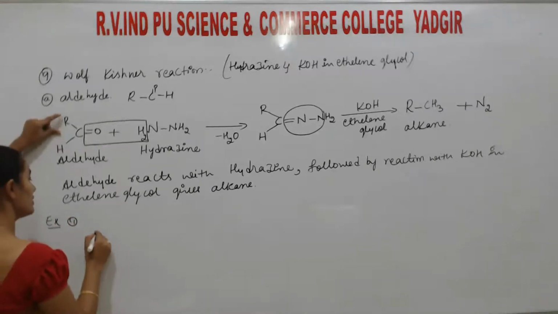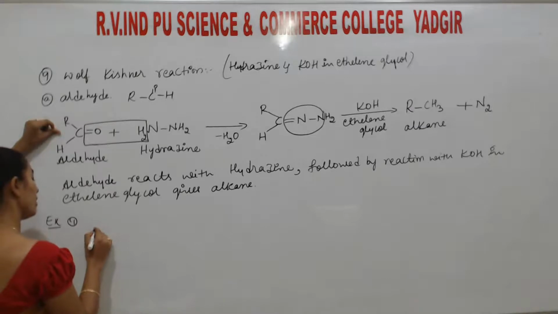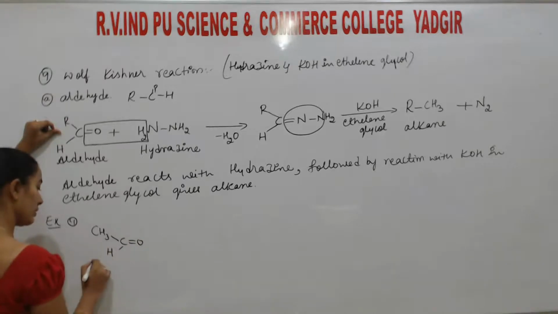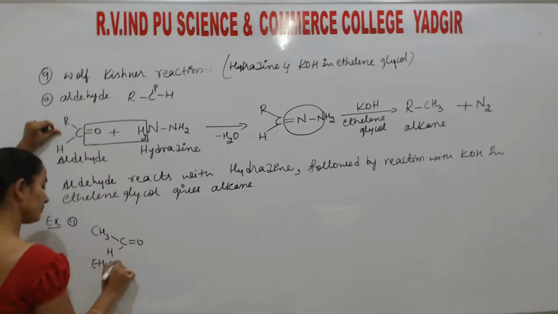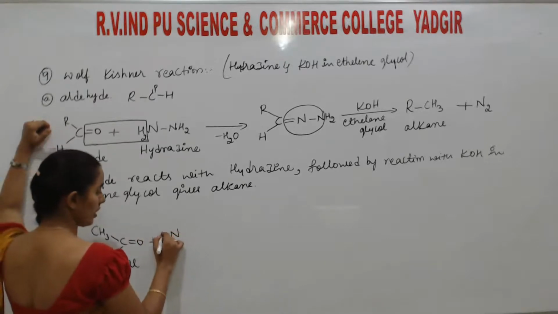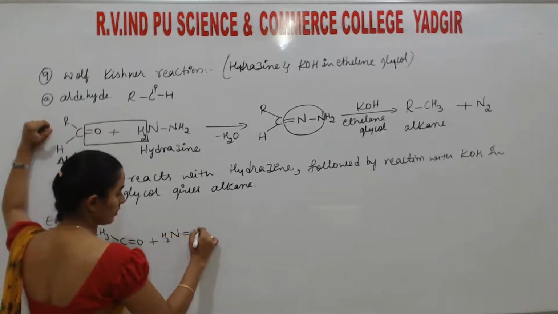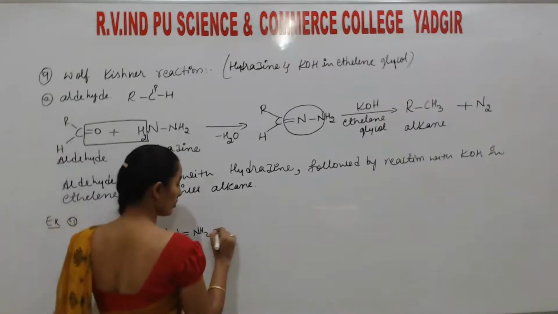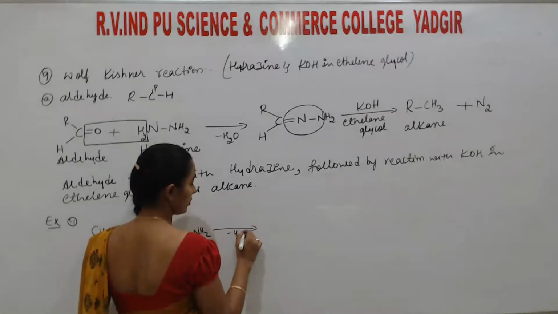Okay, so the next one is an example. I will take a simple aldehyde, that is CH3, C double bond O, H. That is ethanal. It is treated with hydrazine. Water is removed. No need to write that water is removed. Okay.